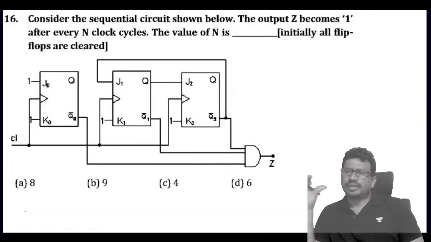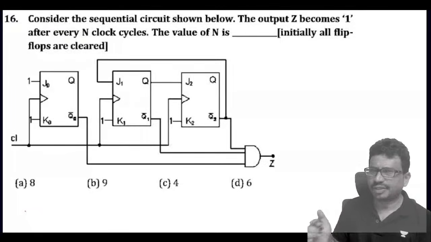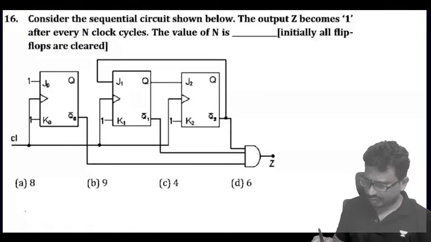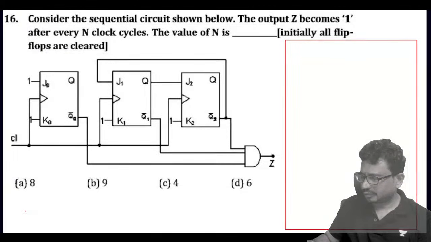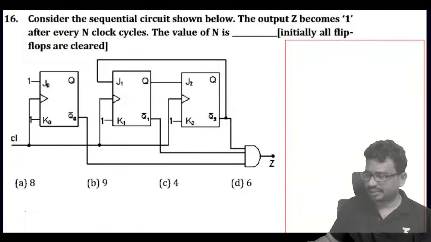After every n clock cycles, right? So we need to get the output now. Tell me now, tabular form. We need to find the mod number, right?